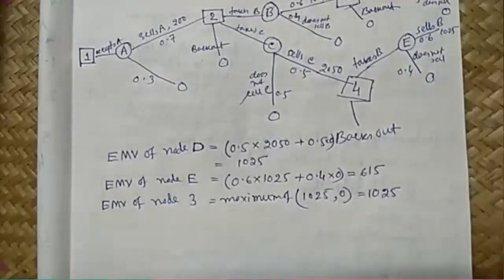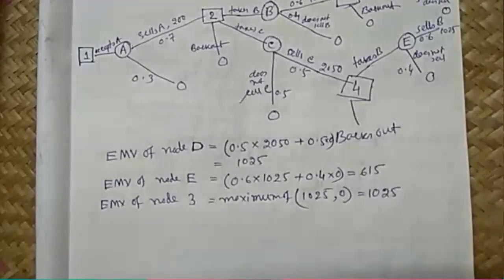Because it is a decision node and there is no probability, it's his choice. The maximum between 1025 and 0 is 1025. That's why at node 3, the EMV becomes 1025.